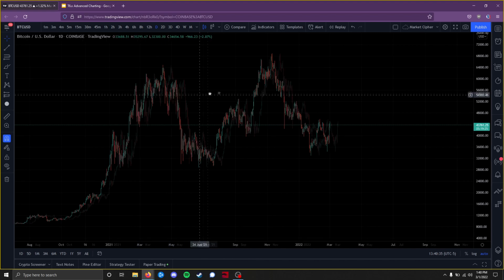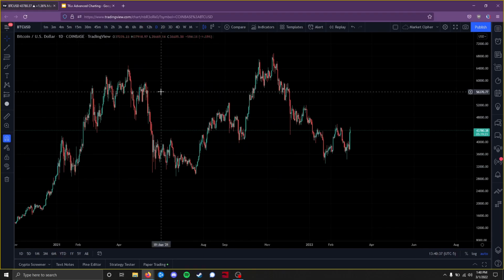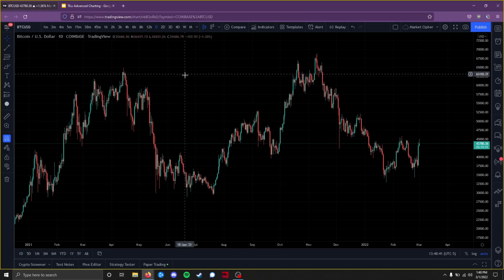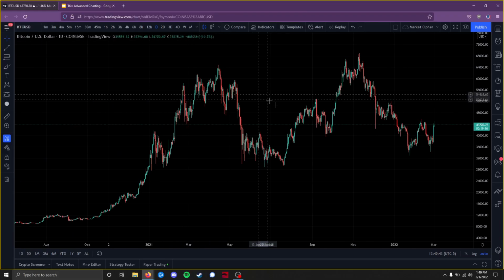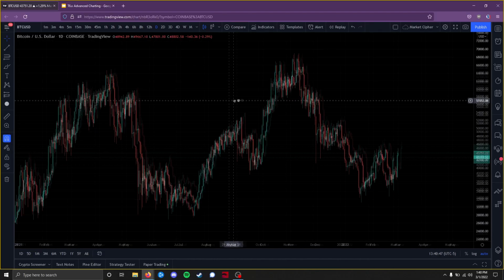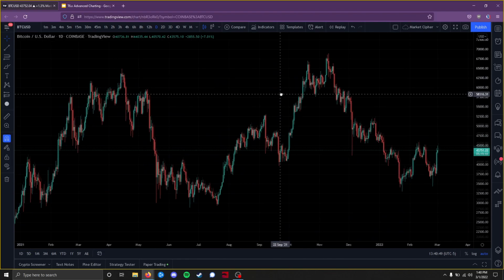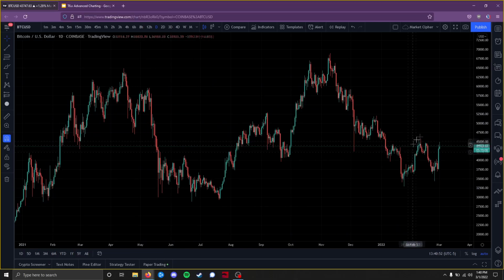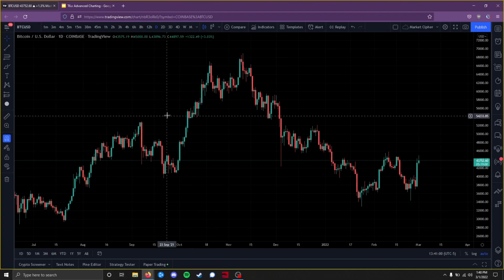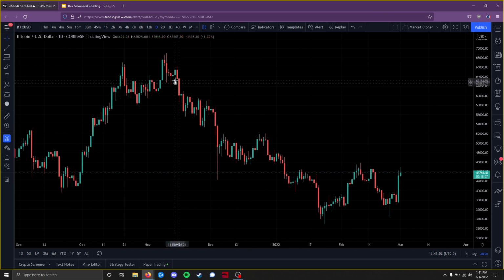Now, shifting over to TradingView, here we see the Bitcoin daily chart, and this is just regular candlesticks. Now, if I wanted to have a better idea of what's going on throughout the course of Bitcoin's trajectory here, this price action, we see these green candles, we see these red candles, and there's a lot going on, right?